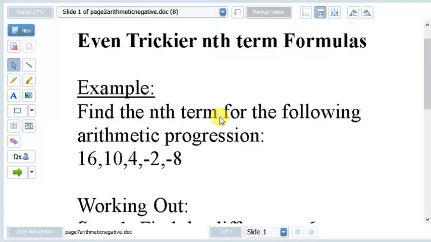So, example, find the nth term for the following arithmetic progression. Now an arithmetic progression, just a quick recap, is a progression or a sequence that goes down, so therefore the difference is a negative. If you need the more basic nth term, then please look at one of our videos for arithmetic term.